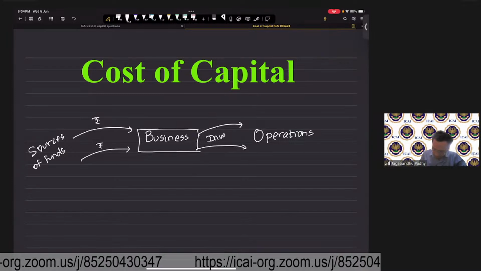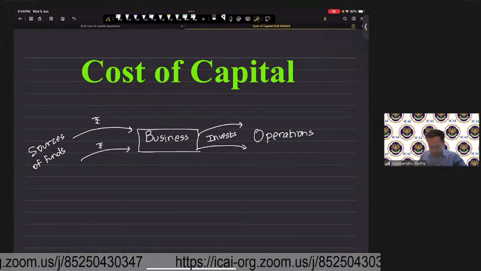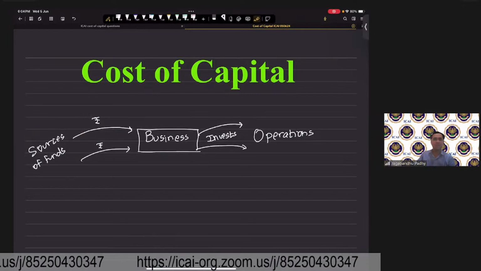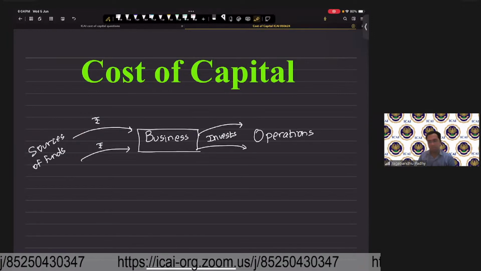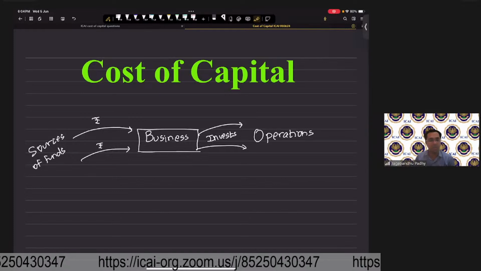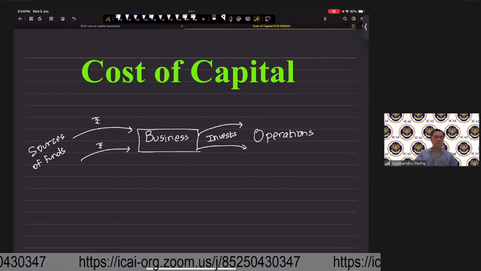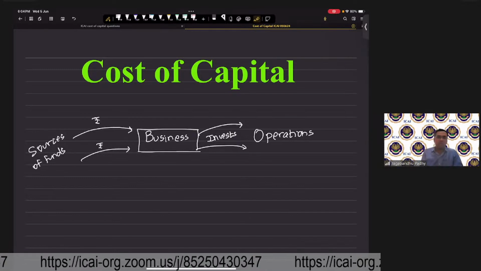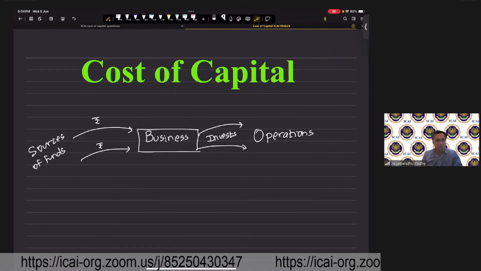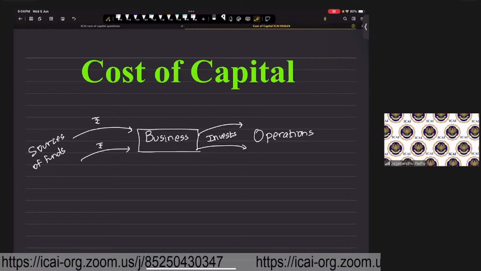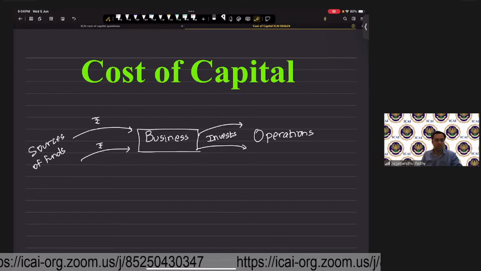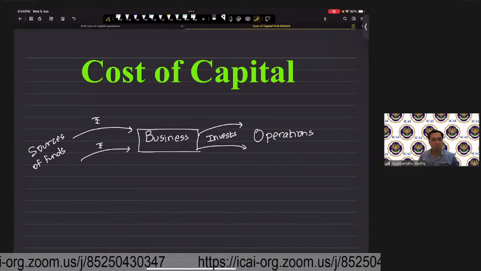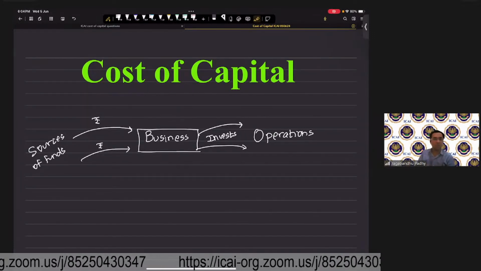Now, in this activity, on one side you have the providers of the funds, and on the other side you have the business or the operations wherein you are investing the money and generating some sort of returns. Obviously, when you are raising money from one of the sources, maybe your shareholder, your debenture holder, or your bank, the business entity is not going to receive money free of cost.